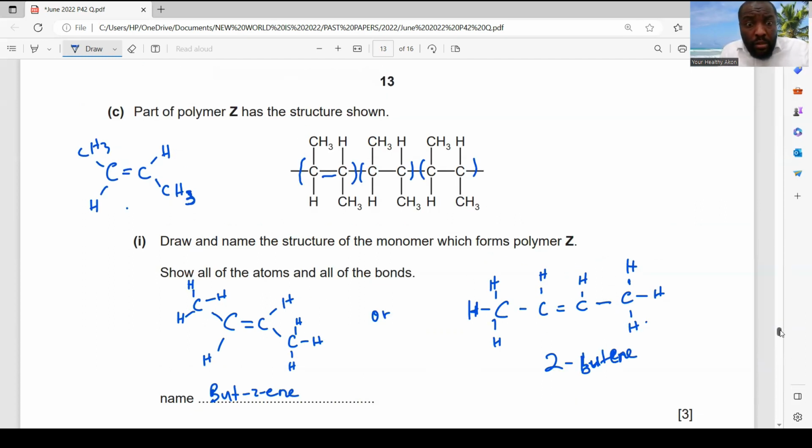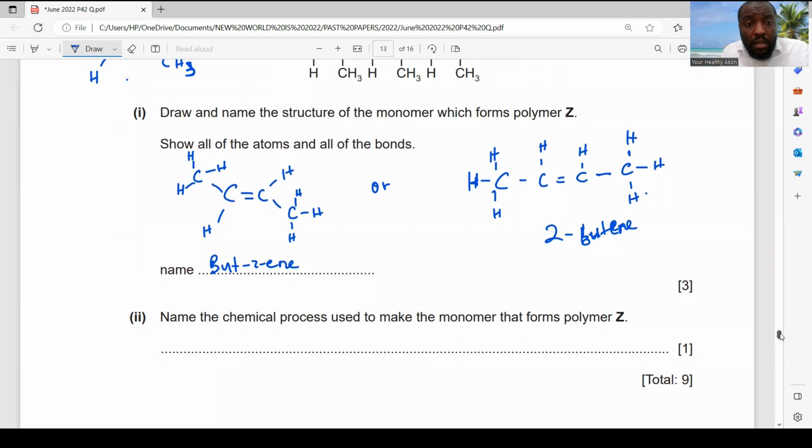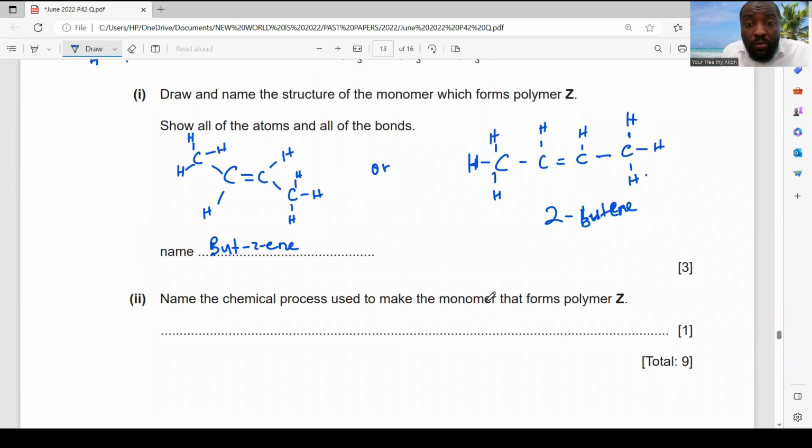Next question says, name the chemical process used to make the monomer that forms polymer Z. What's that monomer? The monomer of this polymer Z is an alkene, right?